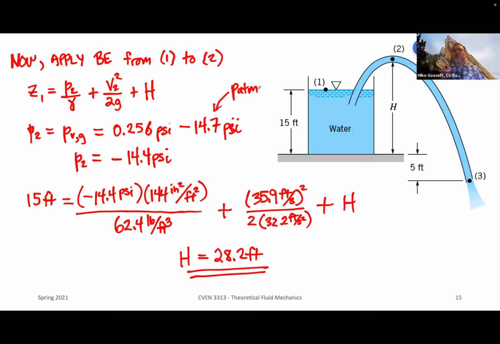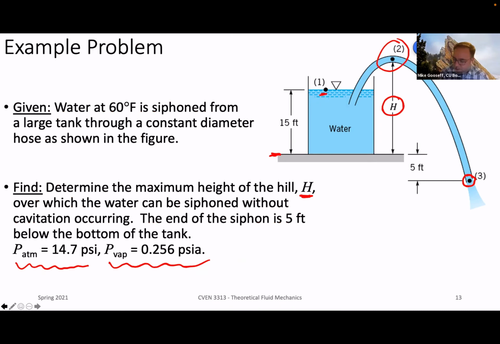No. So what we had to do was get this absolute pressure into gauge pressure, which means that we had to subtract the atmospheric pressure from it. So back on the problem statement, we had atmospheric pressure 14.7, vapor pressure of 0.256 psia, absolute. So to convert it to gauge pressure, we had to subtract 14.7. Okay. Thanks. Yeah, you bet.